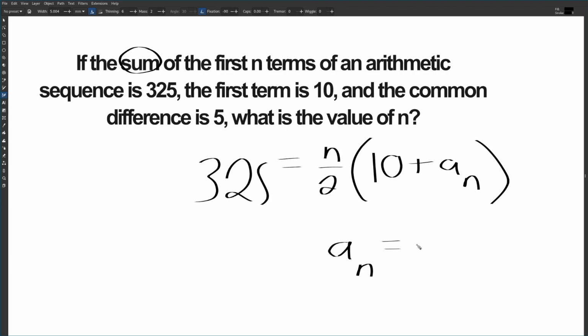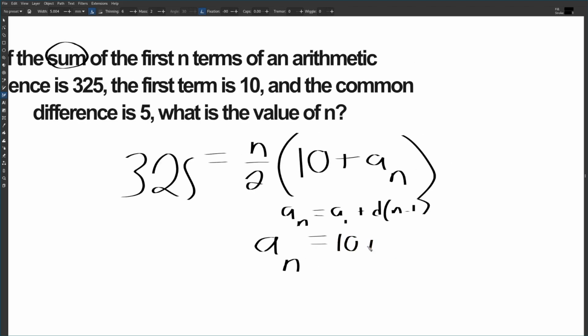It's equal to a of 1 plus d times n minus 1. In this case, the first term a of 1 is 10, plus d, which we do know is 5, times n minus 1.